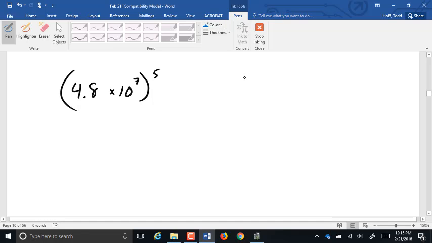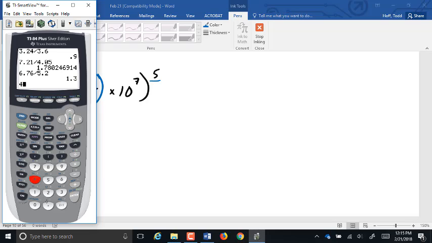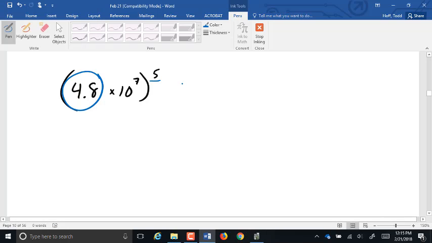Now, just like with algebra, we have to take the count to that power, 4.8 to the power of 5, which is going to give us 2548.04, we're going to call it. And then we do the name as well. 10 to the 7th to the power of 5: remember, when we take an exponent to another power, we multiply the powers. So 7 times 5 is 35.